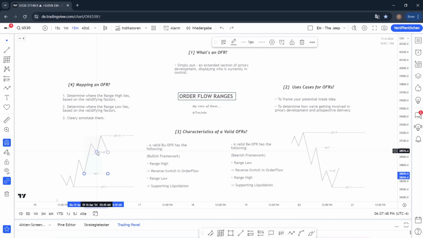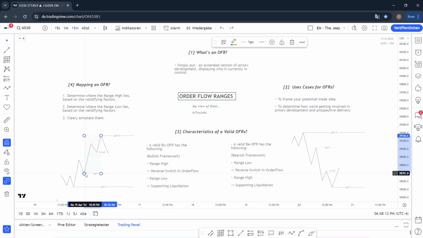Why? Because if you look, it's just a nice impulsive move, so to speak. But where it gets interesting is that once I see a situation developing where my initial thought of where the range low actually is doesn't have a support and liquidation just above it, then it speaks to me, you know what?